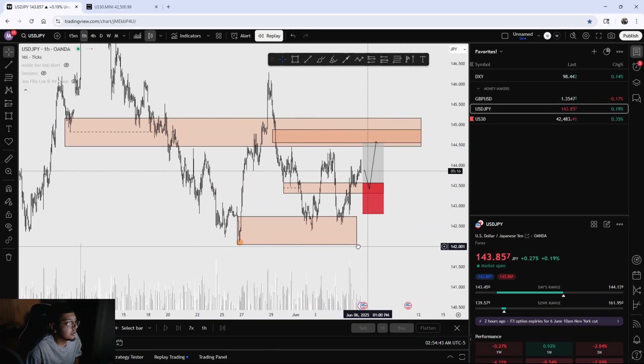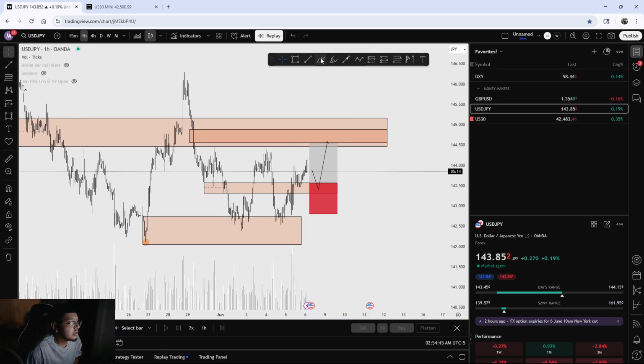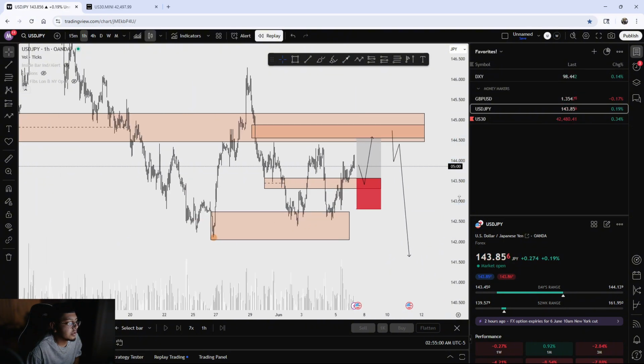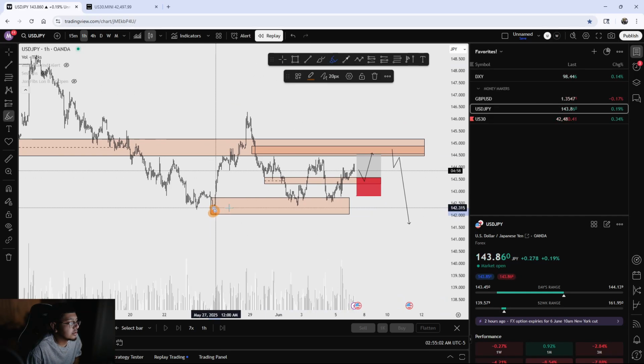So that gives me a lot of confluence to go to the upside. So what I would like to see is price actually come into this support zone and push up to the upside for this trade.